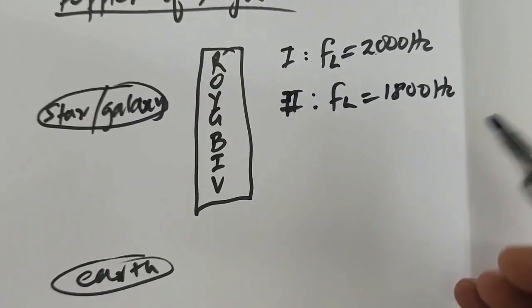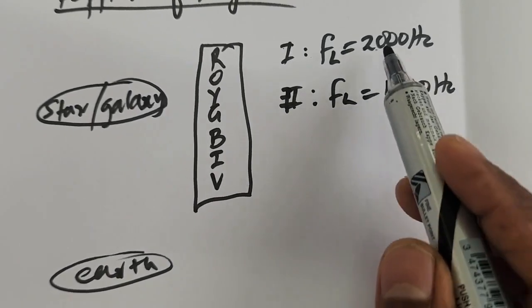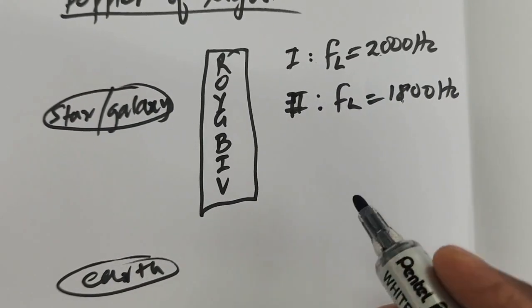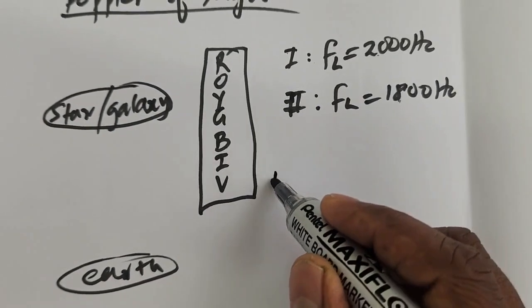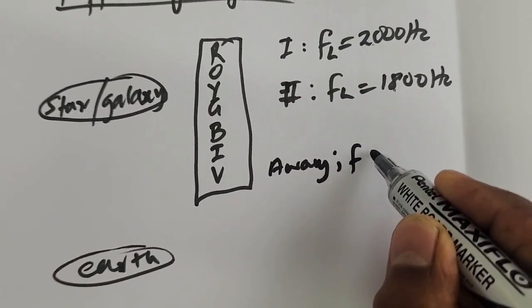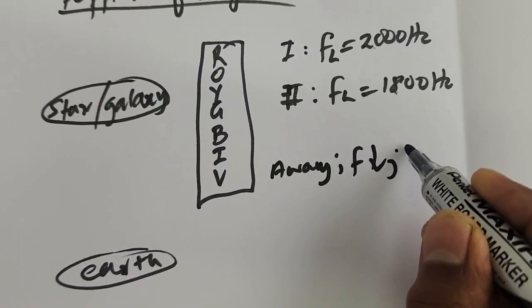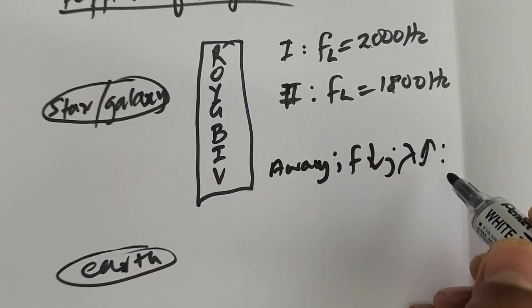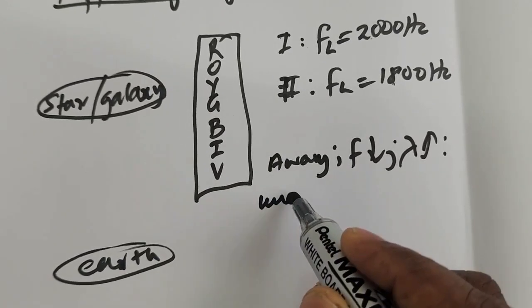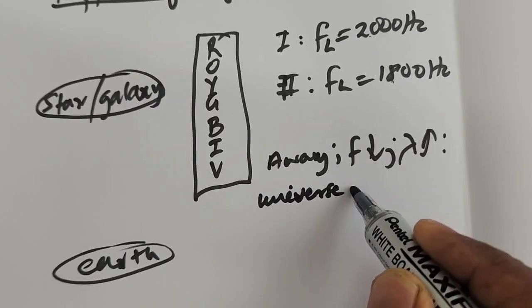Therefore, if we use Doppler to explain this movement, we know that when the frequency decreases, it means that the movement is away. If the movement is away, then the frequency decreases and the wavelength increases. And in this case, the universe will be expanding.